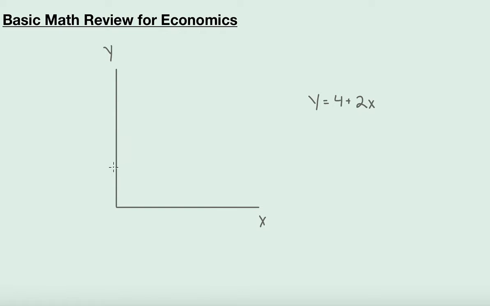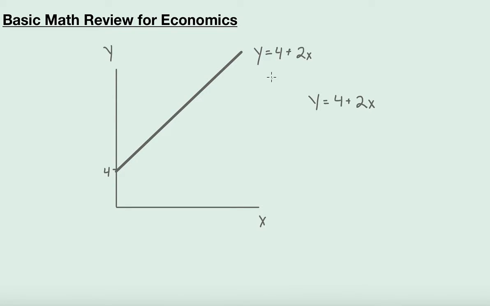We know that the y-intercept is going to be 4, and we're going to come up 2 and go over 1 for rise over run. Come up 2, go over 1. That means that we are going to have a curve that's a little bit steeper, a curve that looks like that. So that's going to be our y is equal to 4 plus 2x.